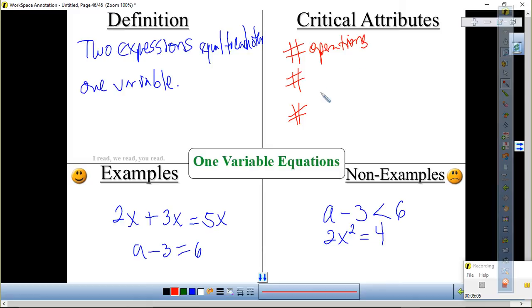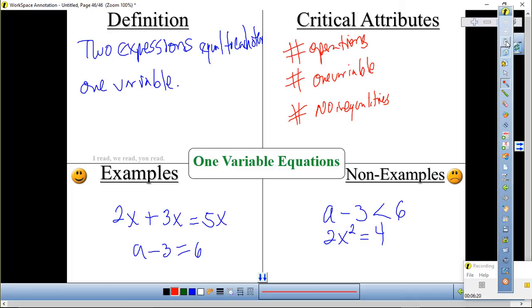Hashtag one variable. Very good. How about Sky? Okay, I'll start somebody off. Hashtag no what? No inequalities, all right. I'll take that. How about no expressions? Does that make sense? So any of those hashtags will work.